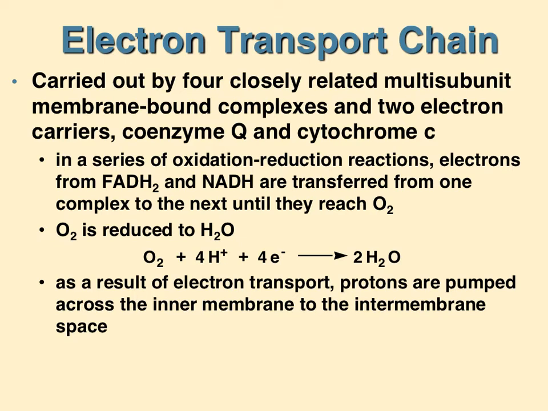So some books will tell you that there are 5 complexes of the ETC. That's really an asterisk. Really, there are 4 multi-subunit complexes, and then we have cytochrome C. Cytochrome C is a protein.